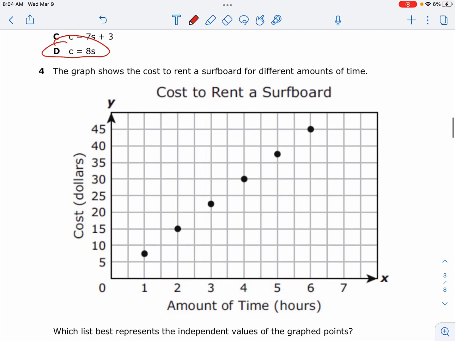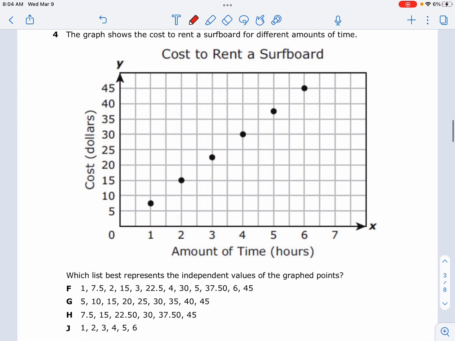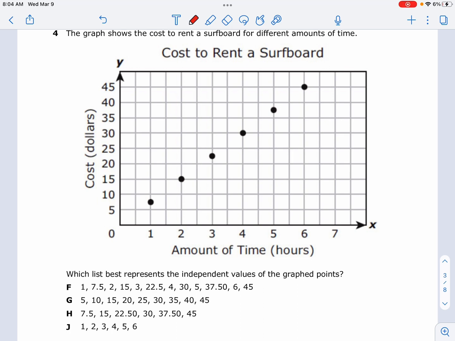Alright, number 4. The graph shows the cost to rent a surfboard for different amounts of time. Which list best represents the independent values of the graph points? Okay, so we have our X, remember, let's label, we have independent.